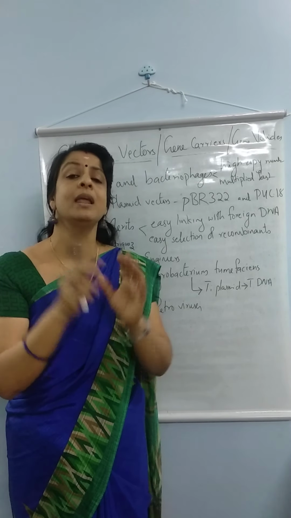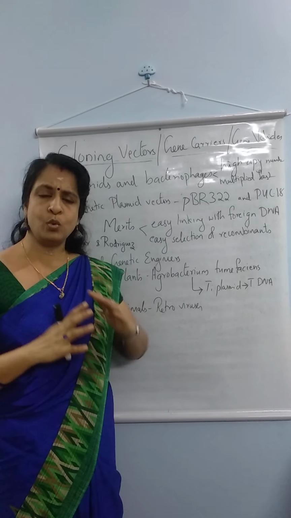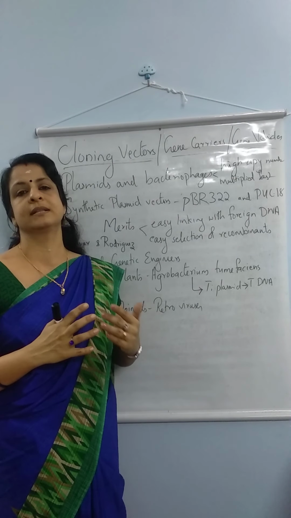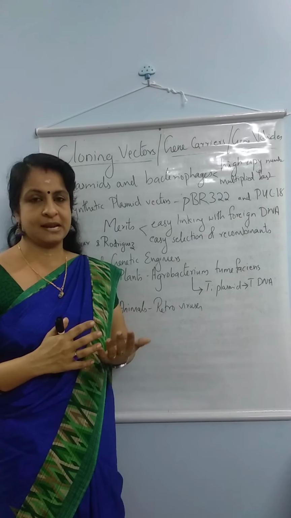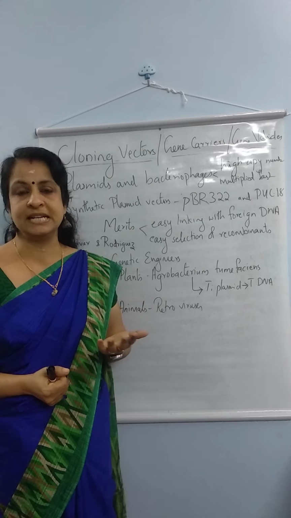Now, which are the various types of cloning vectors? Examples. The most commonly used cloning vectors in bacteria, mainly in E. coli bacteria, are plasmids and bacteriophages. In 11th standard, you have learned about plasmids.